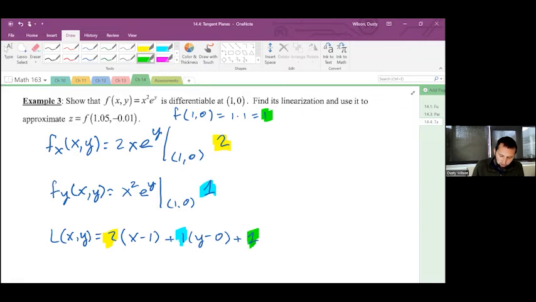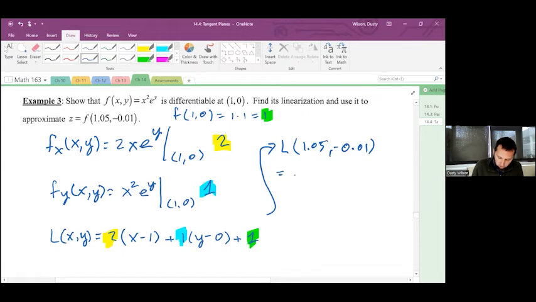So the last part of the question is to use this to find the approximation for z equal to f of (1.05, negative 0.01). And so we want to find L of (1.05, negative 0.01).